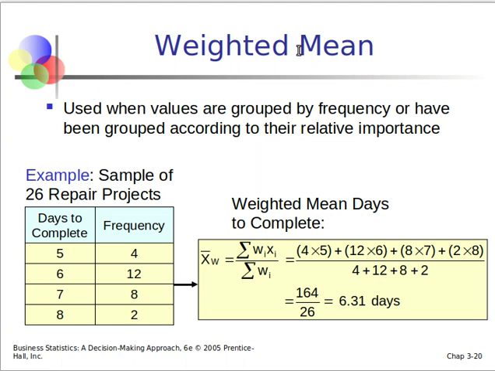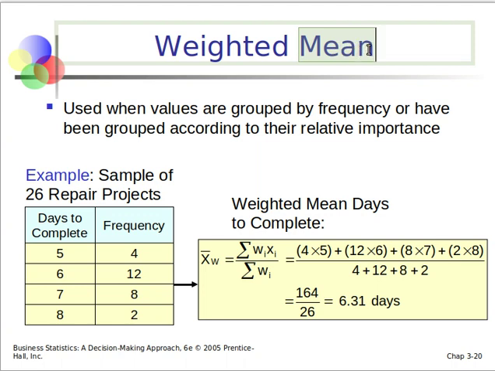It's still the mean, the average, arithmetic average. Only this time it is weighted by another factor. It's multiplied by another factor. And weighted mean is used when values are grouped by frequency or have been grouped according to their relative importance.